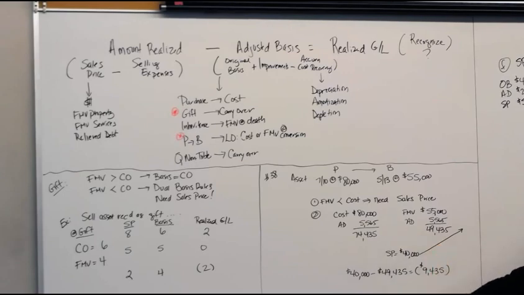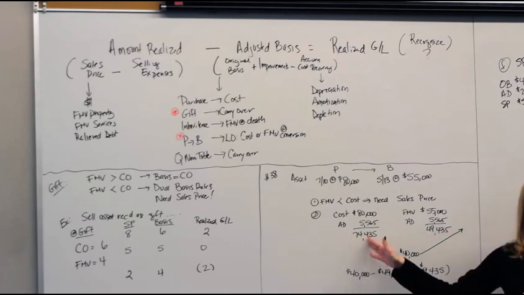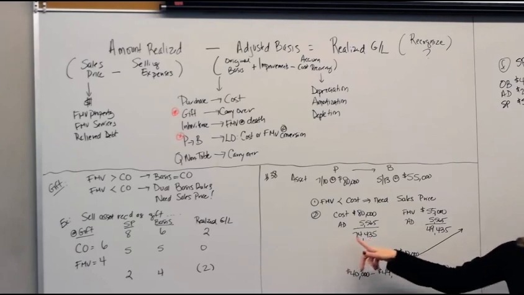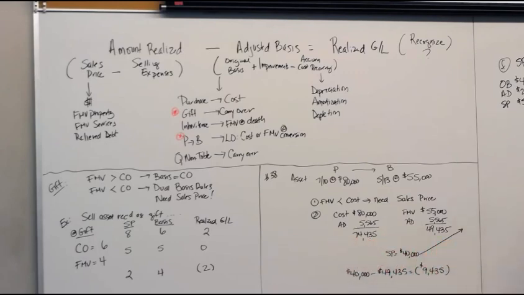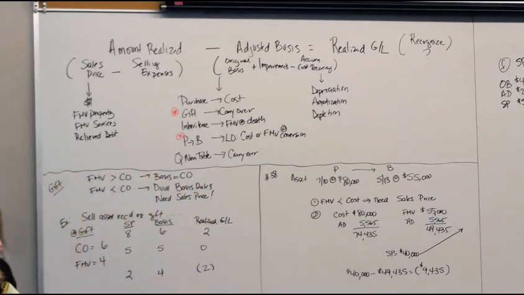What if I told you that the sales price was $75,000? If my sales price was $75,000, it's bigger than both numbers, so you pick the bigger number to subtract as your basis. $75,000 minus the $74,435 would be $565, their realized gain.